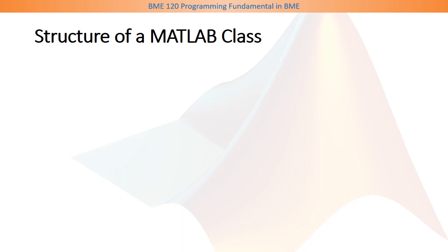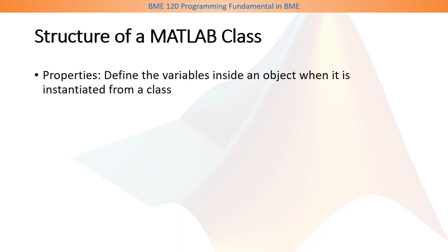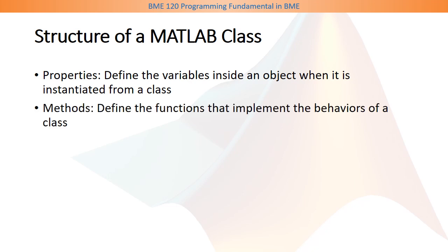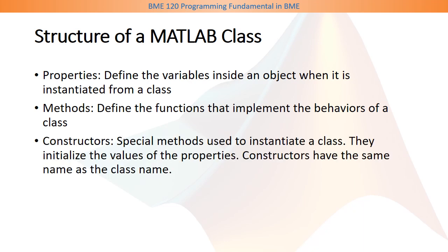There are multiple sections in the MATLAB class definition. The first section is about the properties, and it defines the variables inside an object. The second section is called methods. It defines the functions that are related to the behavior of the class, and they are MATLAB functions. And there are two special methods. One is called the constructor.